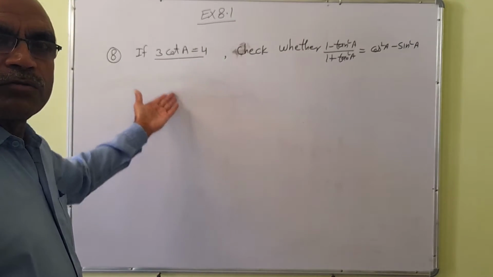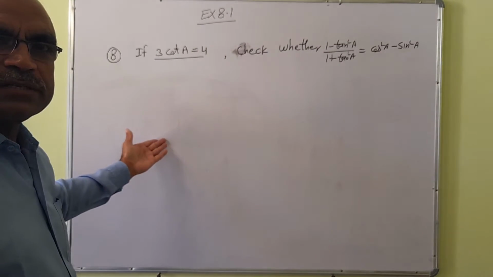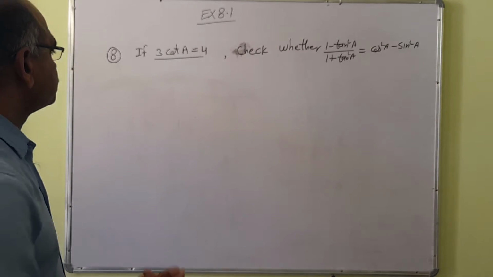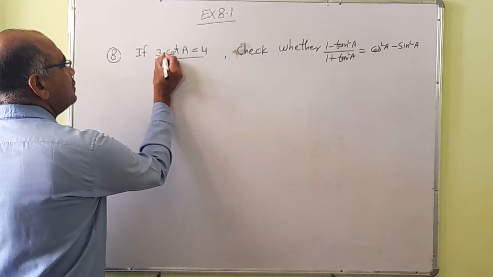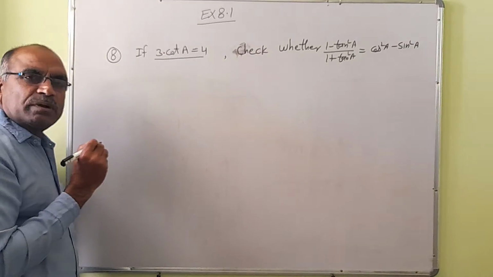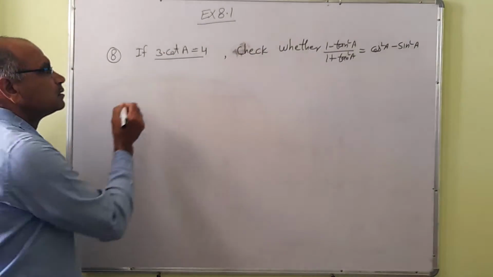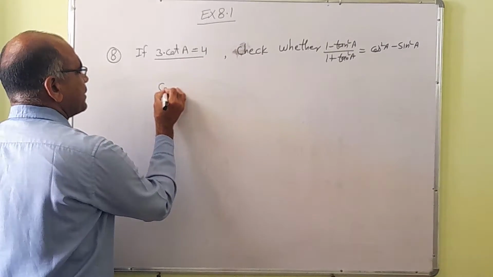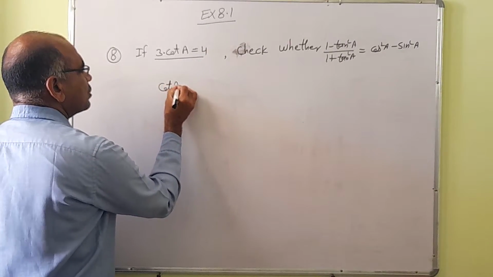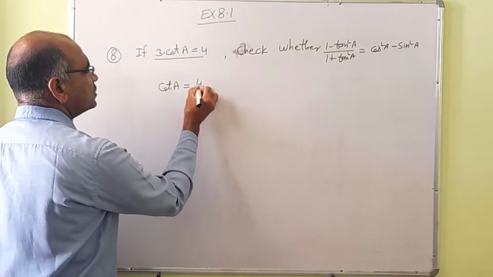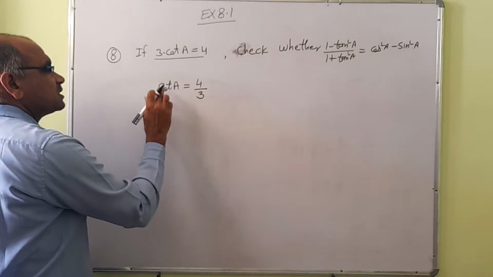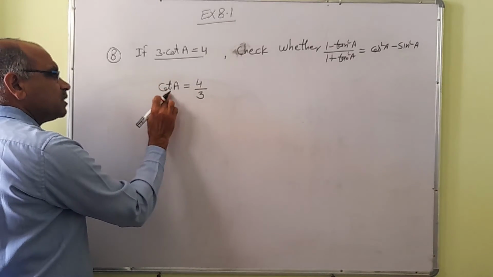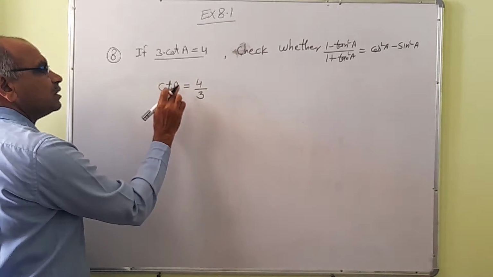Bas, this is our question, and begin from this statement. You have already known this is multiplicative number, coefficient. So our next step is cot A equals to 4 upon 3. This is our reciprocal trigonometric ratio.